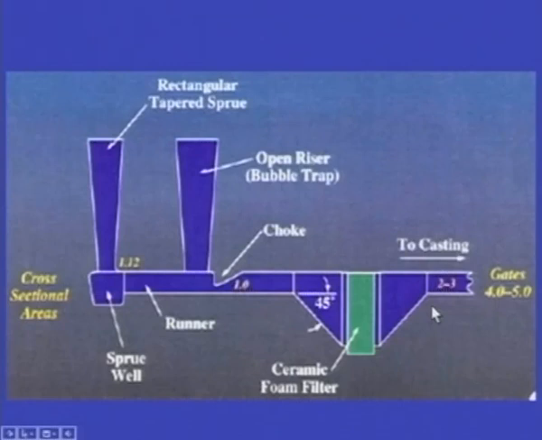When it is passing through the ceramic foam filter, these foreign materials, the slags, oxides and the broken sand particles, will be filtered before they enter into the cavity. So only pure metal will be entering into the cavity. So this is how the foreign material can be filtered using ceramic foam filters.